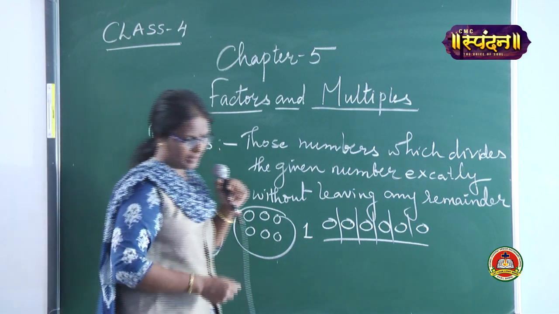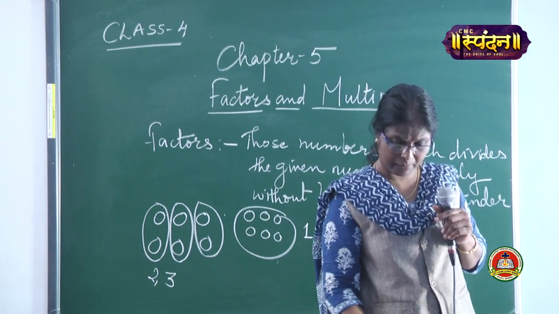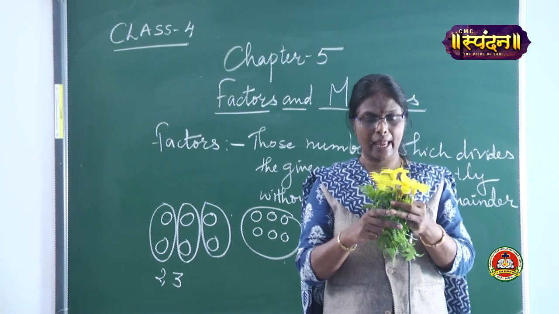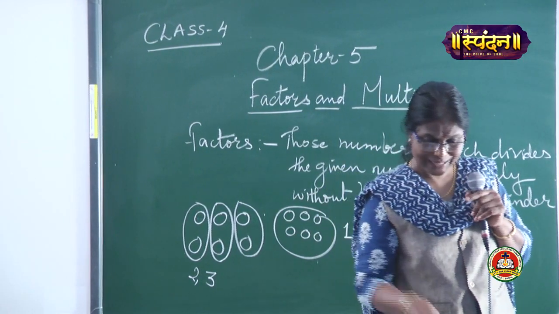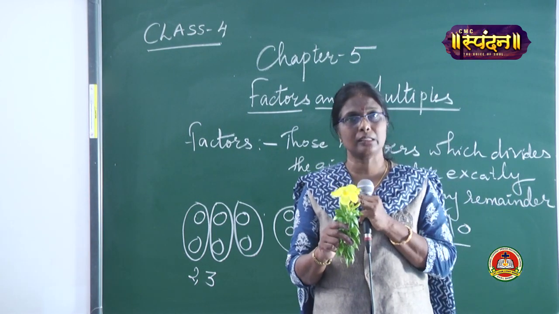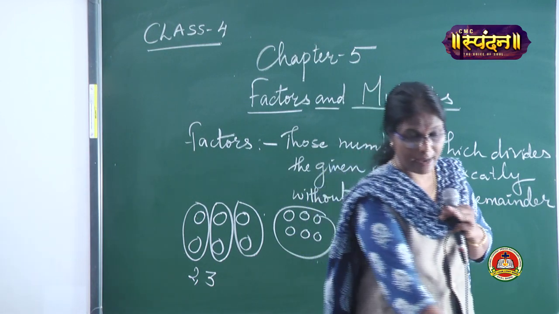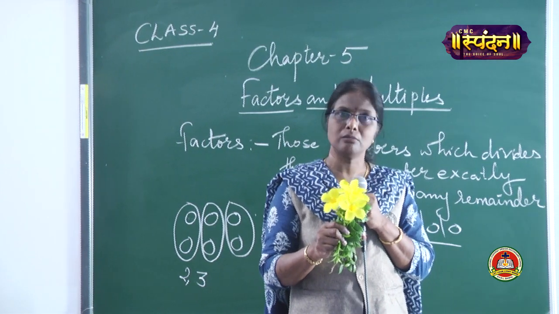Now, if I am going to make a bunch of 4 flowers, I am taking 4 flowers, 1, 2, 3 and 4. I have made a bunch of 4 flowers, but for the second bunch, I am having only 2 flowers. I don't have 4 flowers here. That means 2 flowers are left out. So I can say that making a bunch of 4 flowers is not correct.